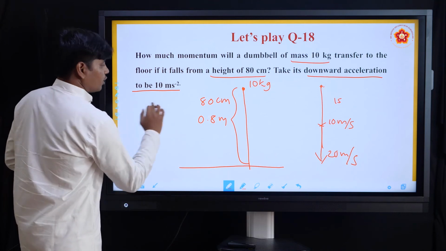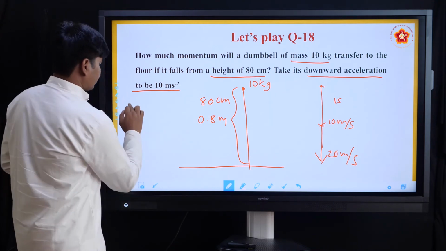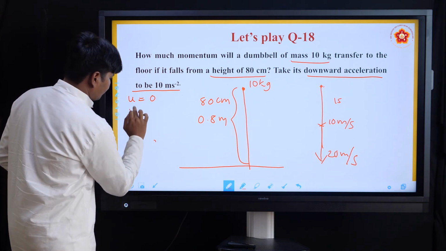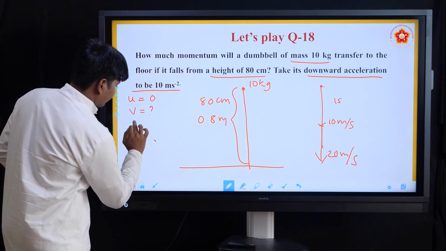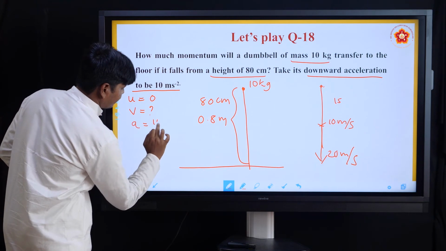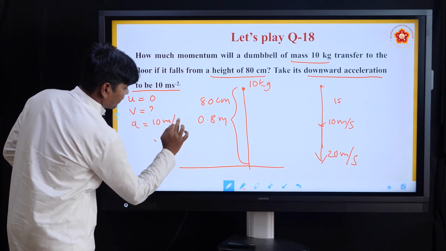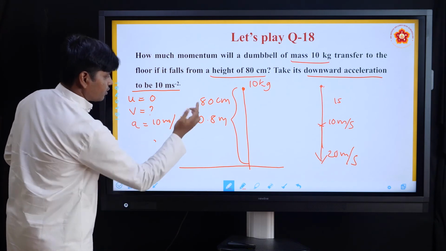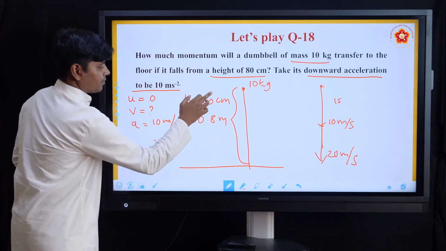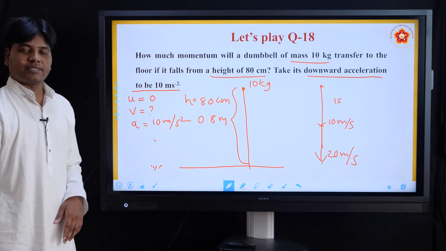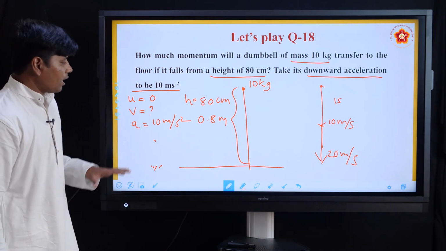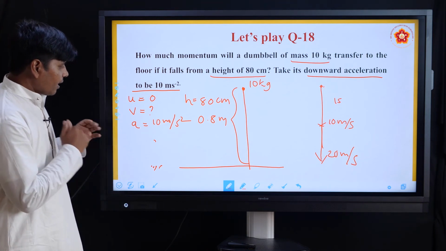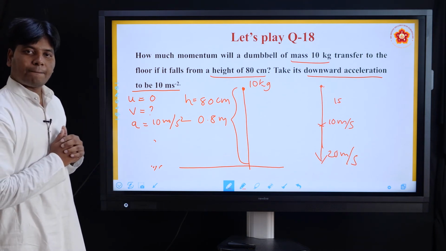As we know, u is 0 here, the given u is 0, we need to find v. a is given as 10 meters per second squared and the height is already given, 80 centimeters, right? Now using these, can we calculate the final velocity?